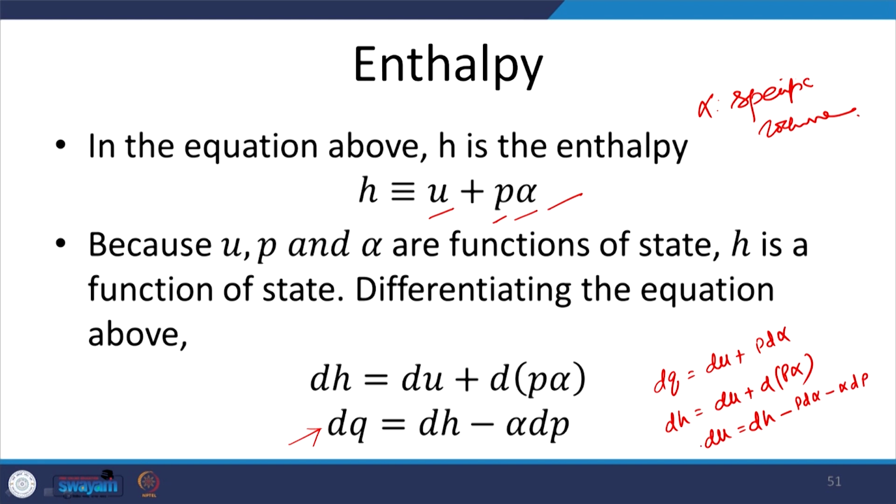So, this is dU. We know dH. If you substitute this equation into this part, you will get dq equals dH minus alpha dP.